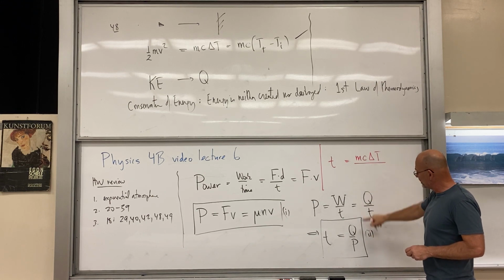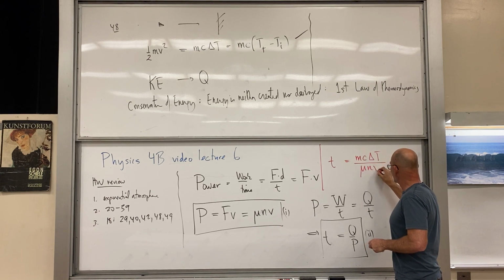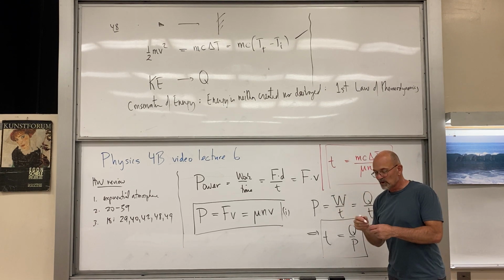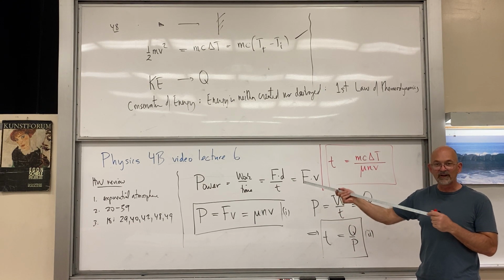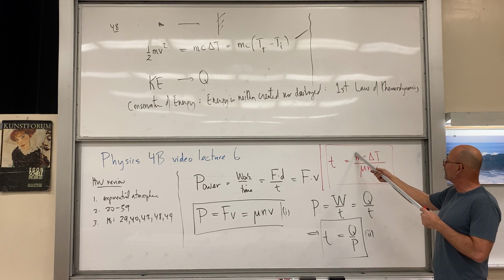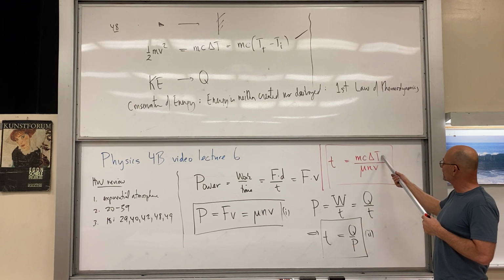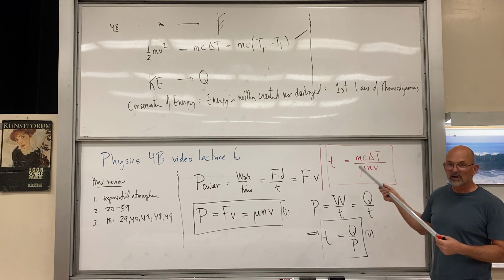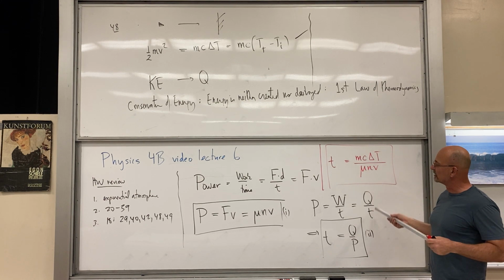Okay, that's our Q. And the power we just had here, mu times N times V. This is also a good example where you don't want to plug in any numbers till you've actually figured the whole problem out. And then you see they gave us the mass of your hands and their specific heat, and then the difference in temperature that was given to you as well, and then mu and N and V were all given. So that'll be the time in seconds if you use the correct units here.